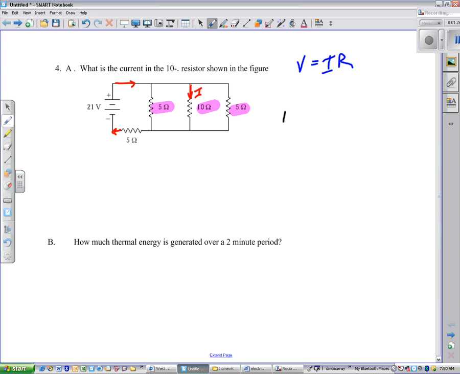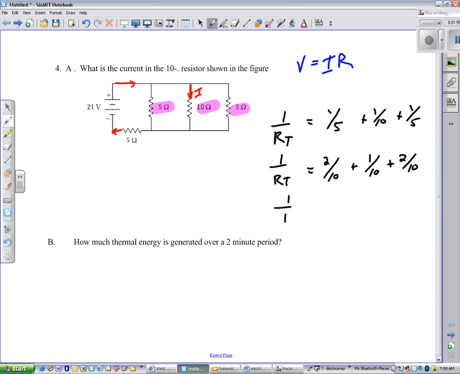So I need to say 1 over the total resistance should equal 1/5 plus 1/10 plus 1/5, which are my three resistors. I'd find a common denominator, and I'd say 1 over RT equals 2/10 plus 1/10 plus 2/10, which comes out to 5/10.